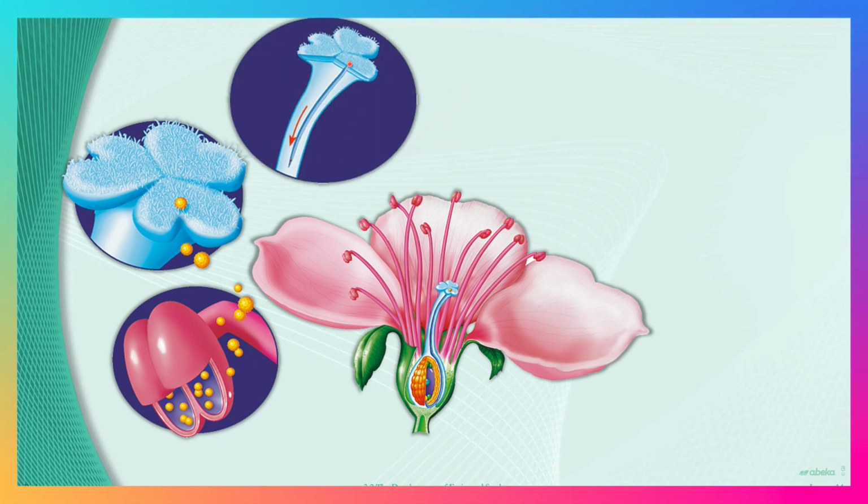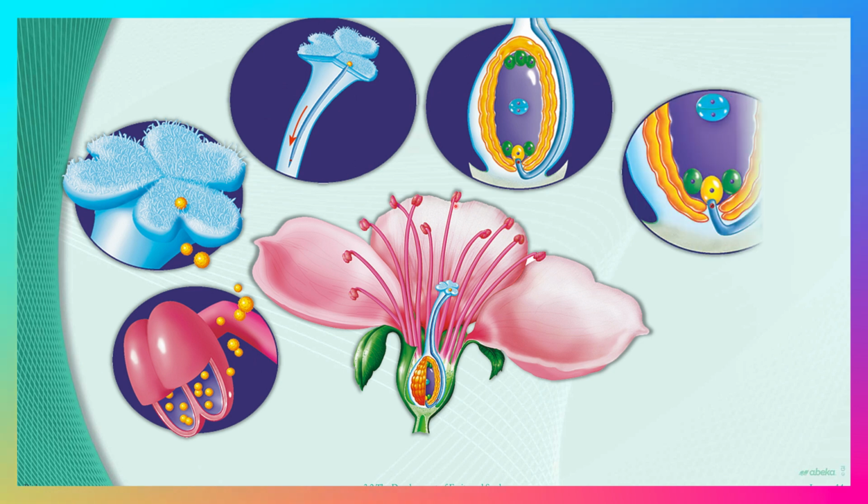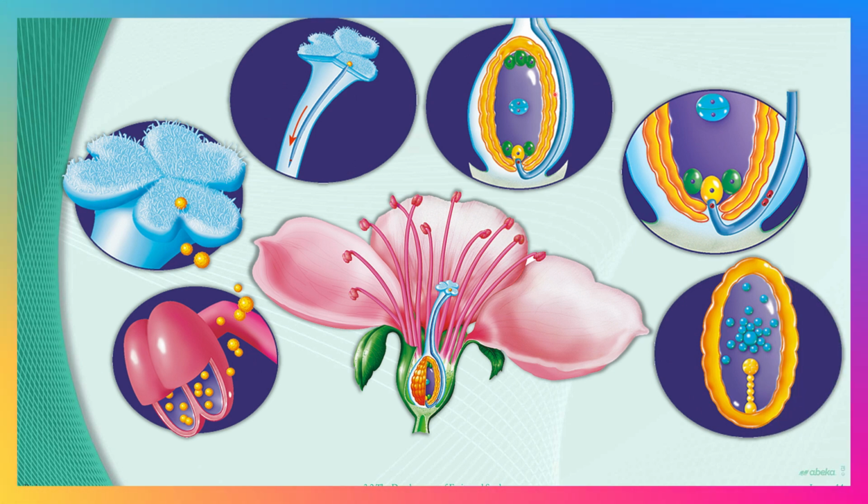Subsequently a tube goes from the pollen grain down through the style to the ovary, and that pollen grain releases a sperm cell. Here's the pollen tube coming down, and it releases a sperm cell into the ovary, and that sperm cell fertilizes these eggs, or ovules, and then they begin to divide and eventually form a seed. This is a forming seed over here.